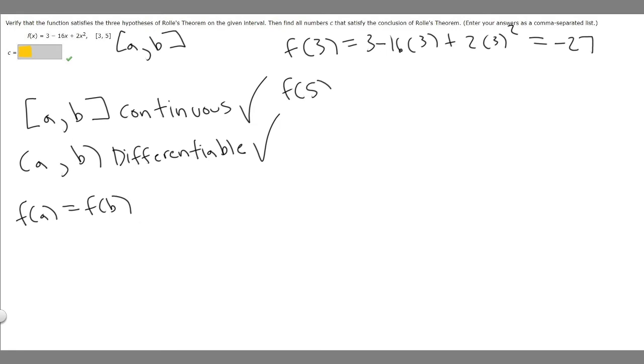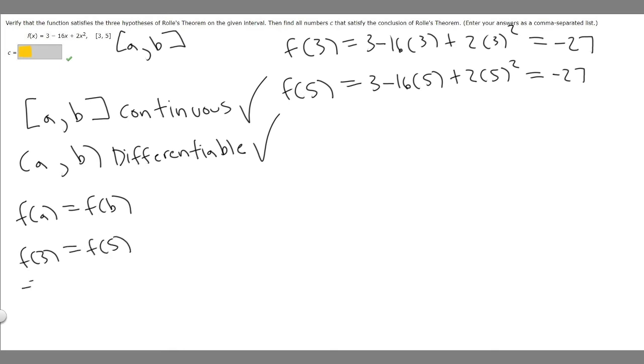So f of 5 is 3 minus 16 times 5 plus 2 times 5 squared. If you solve this too, you're also going to get minus 27. So f of 3 equals f of 5, minus 27 equals minus 27, which means the third criterion checks out.